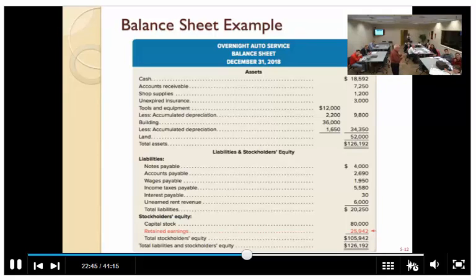But in the column here, $12,000 was tools and equipment, so less accumulated depreciation. So in the first year, if you're doing this over like a 5-year period, wouldn't the first year only be a fifth of it? Yeah, right, it would be.